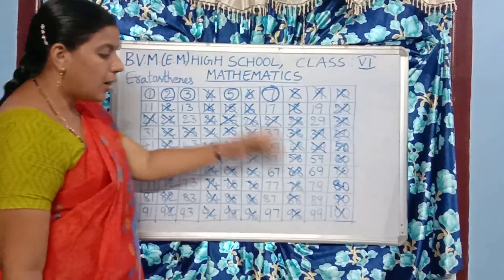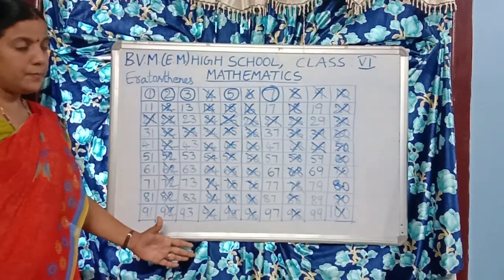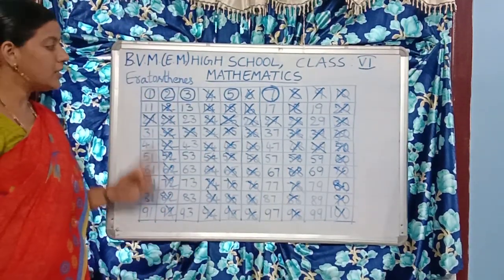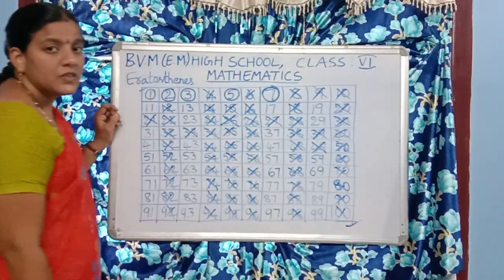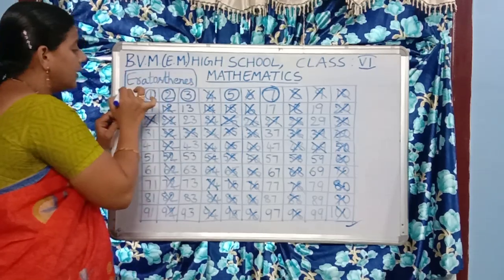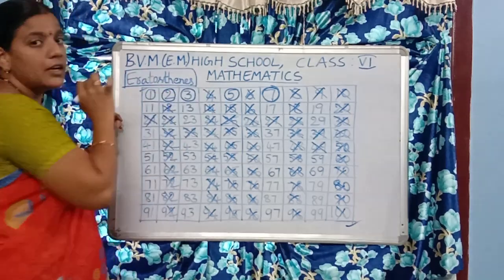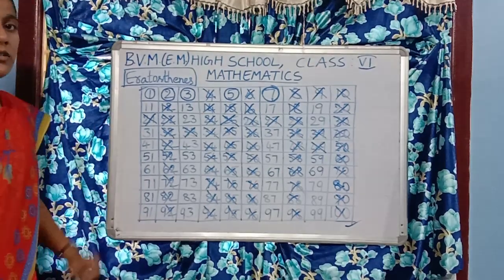Like that, check up to 100. All of you do this method to find the prime numbers from 1 to 100. Okay children, this method is given by Eratosthenes, a Greek mathematician. Do it, children, all of you.